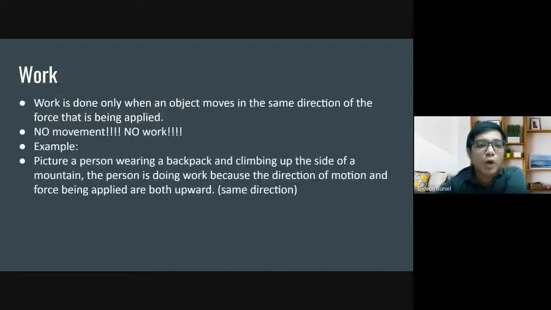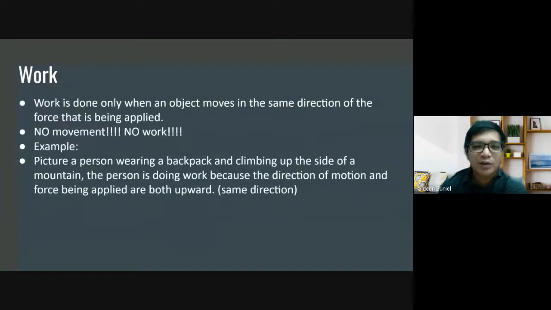Now, work is done only when an object moves in the same direction as the force that is being applied to it. Like for example, when you push an object, it moves in the direction where you pushed it, not the opposite direction. Right?